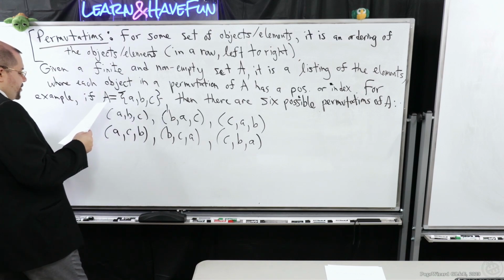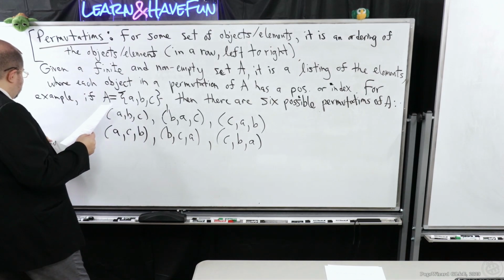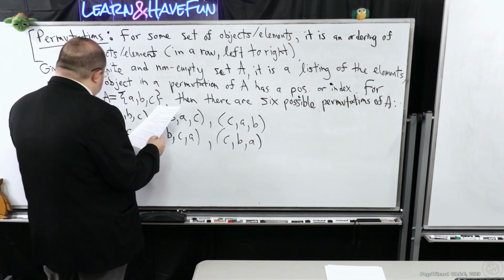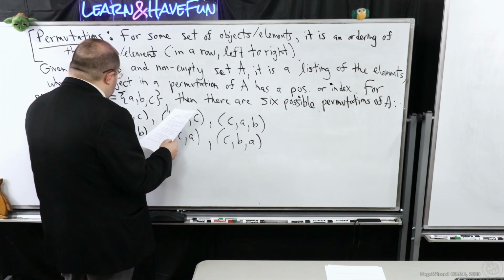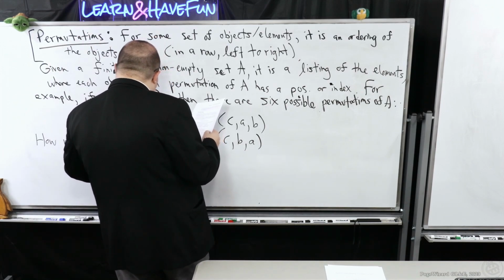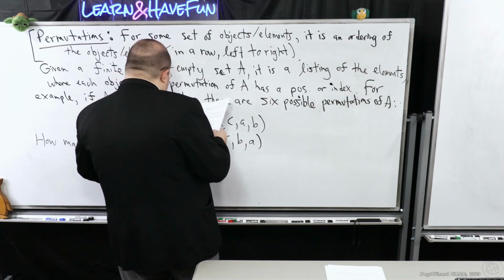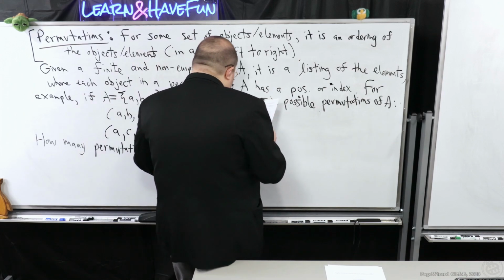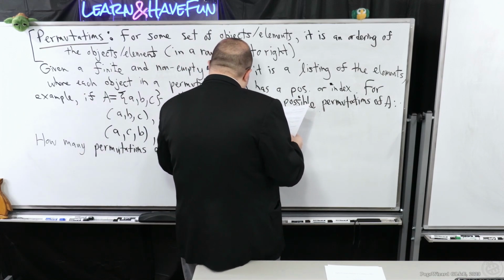So a very natural question is the one I just alluded to. How many permutations are there of set A?